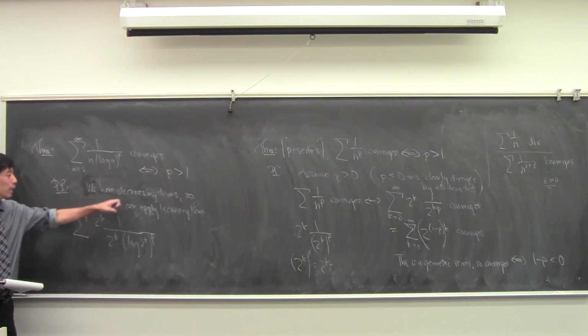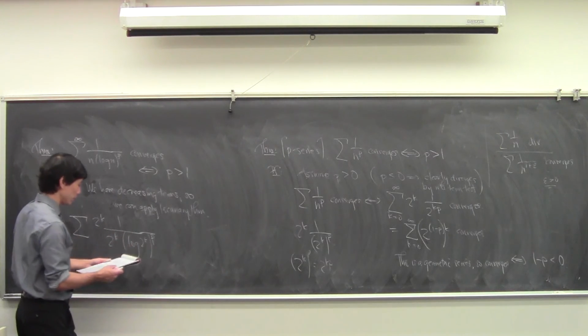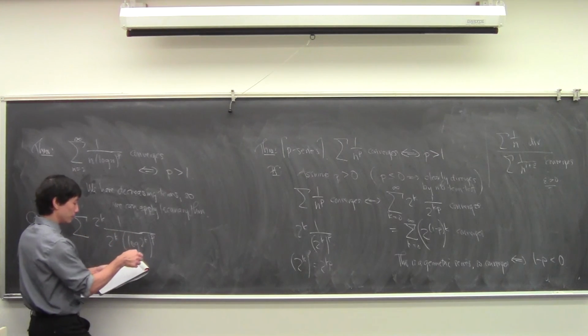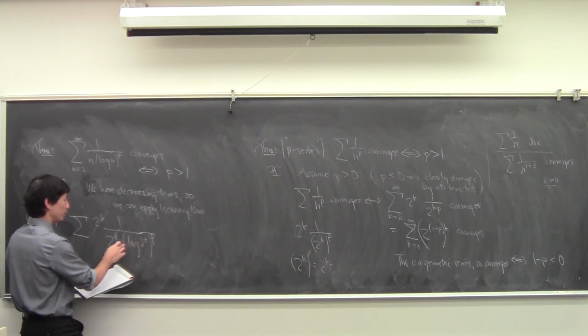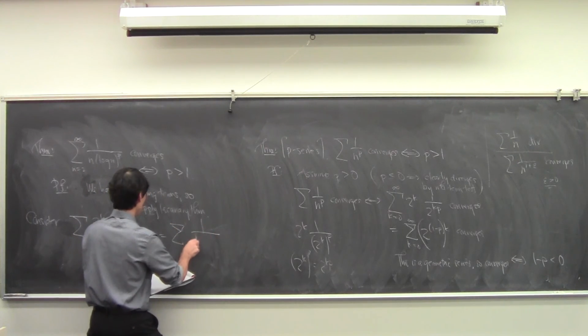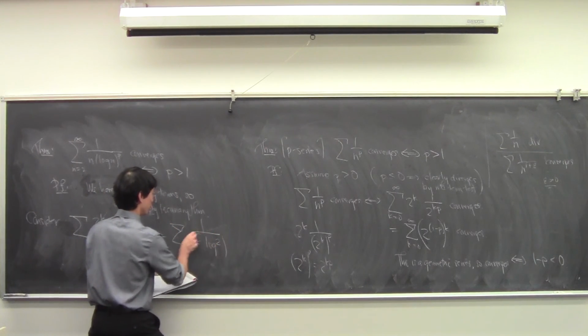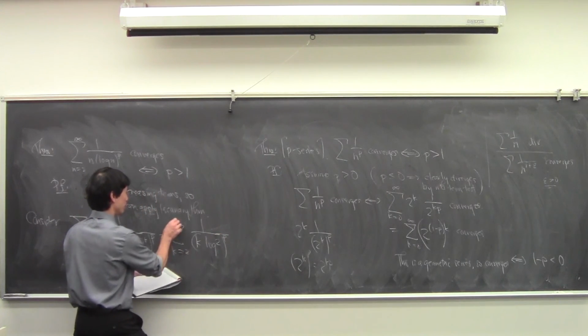Of course, these things cancel off, and we can pull the k out. So you get summation of 1 over k log 2 quantity to the p, k from 2 to infinity.